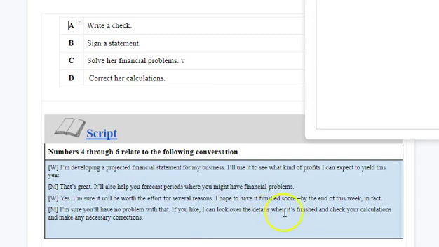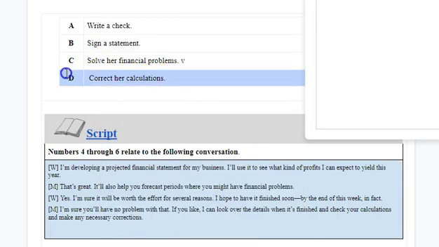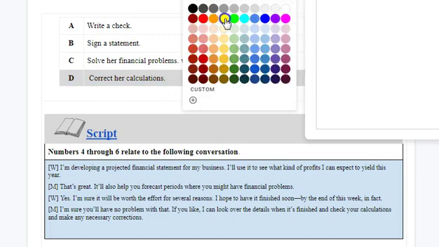I hope to have it finished soon, by the end of this week, in fact. I'm sure you'll have no problem with that. If you like, I can look over the details when it's finished and check your calculations and make any necessary corrections.